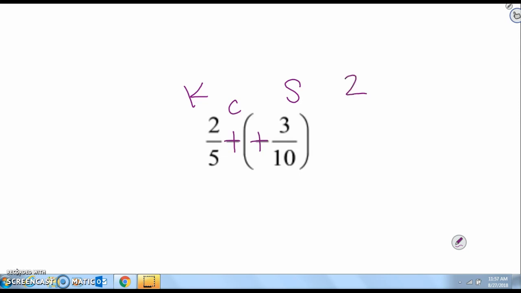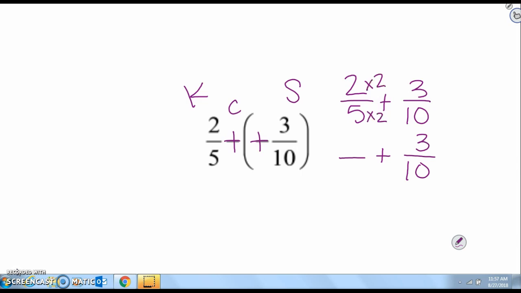So now my problem is 2/5 plus 3/10. First thing we need is our common denominator. My common denominator is going to be 10, so I'm going to leave my second fraction as it is. 5 times 2 is 10, 2 times 2 is 4, so that is my equivalent fraction. I add because my signs are the same. 4 plus 3 gives me 7/10.